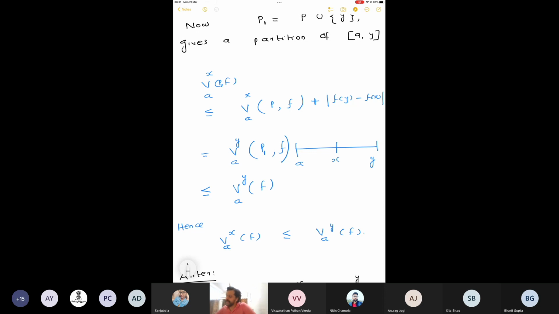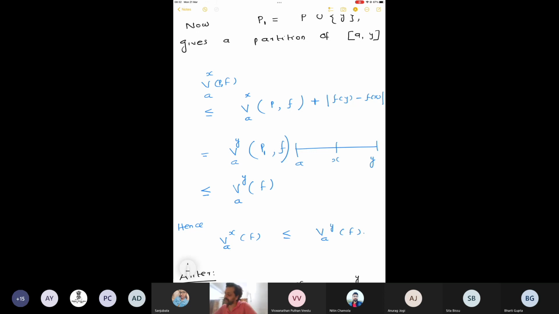So from that inequality, you should be able to see that mod f(y) minus f(x) is greater than or equal to V_a^x(P, f).